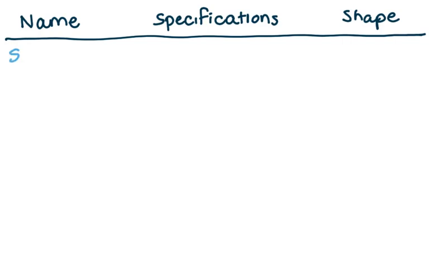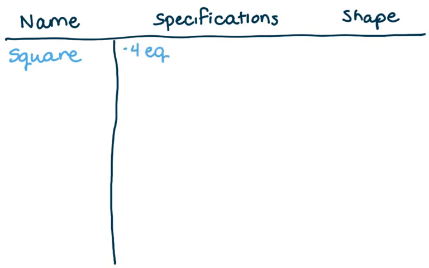Now the square, again, we know it has four sides, because these that I'm talking about are all quadrilaterals, which means four. So these are four-sided shapes. The specifications of a square is going to have four equal sides.